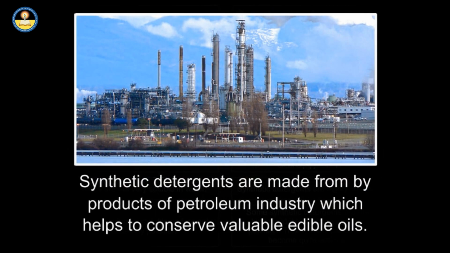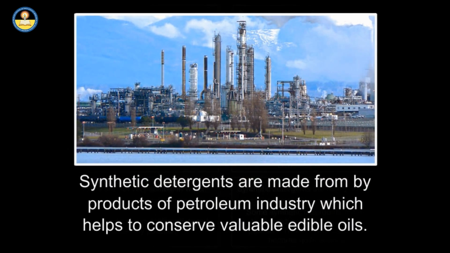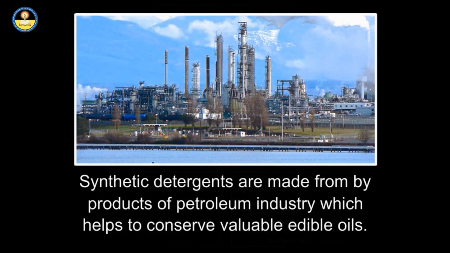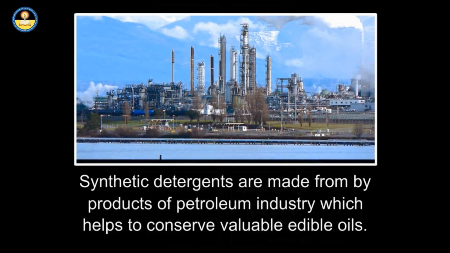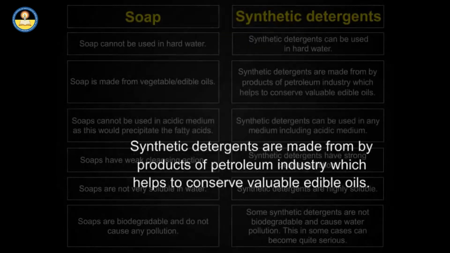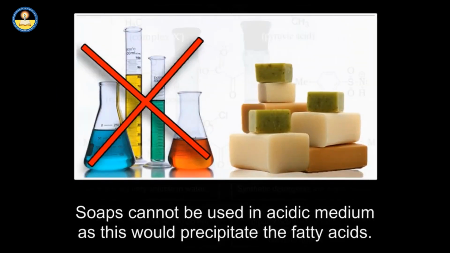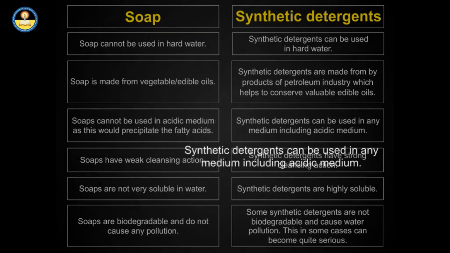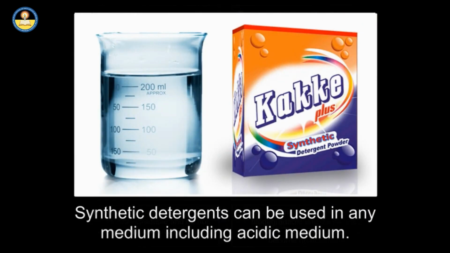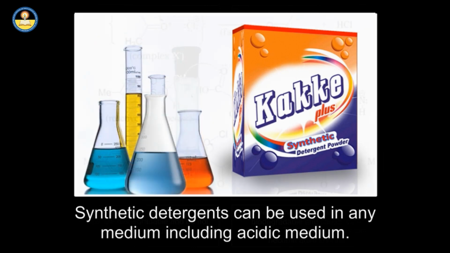Synthetic detergents are made from byproducts of the petroleum industry or petrochemicals, which help to conserve valuable edible oils. Soaps cannot be used in acidic medium as this would precipitate the fatty acids. Synthetic detergents can be used in any medium, including acidic medium.